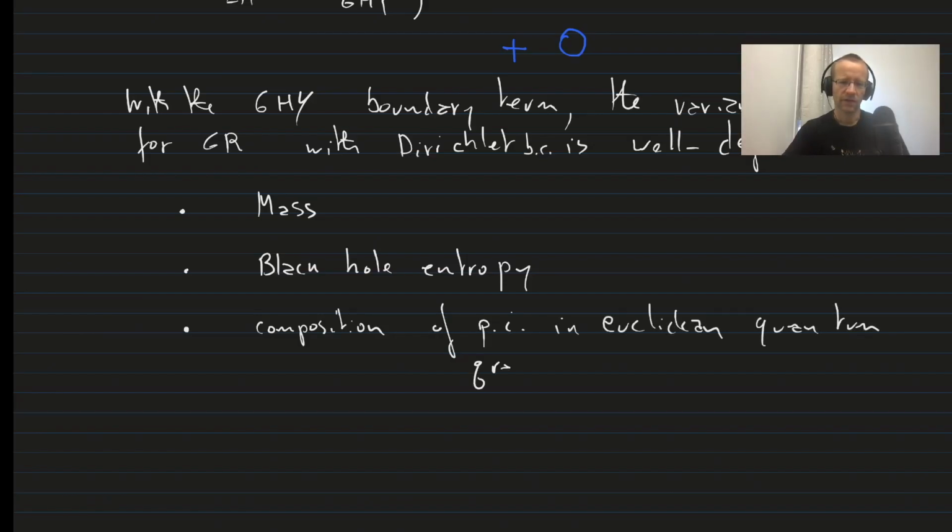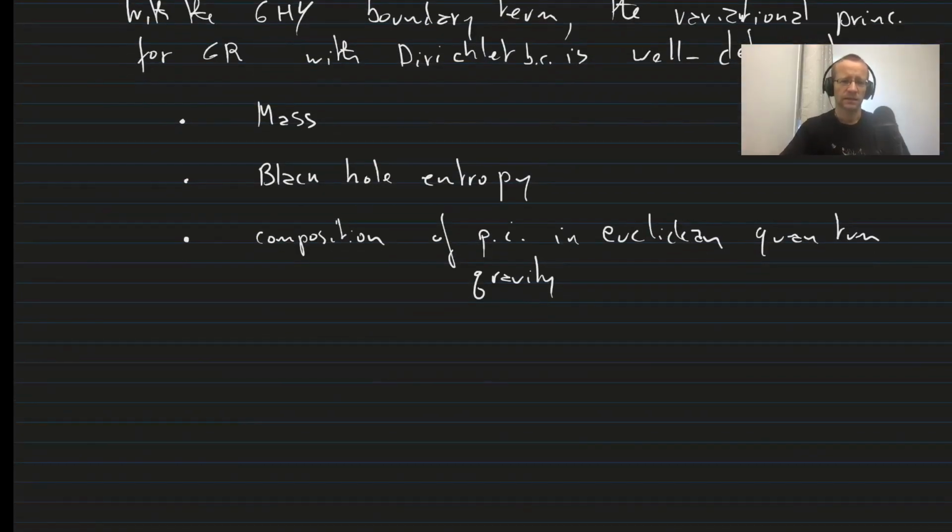So far from being an afterthought to the Einstein-Hilbert action, the Gibbons-Hawking-York term is quite crucial for the whole of general relativity.